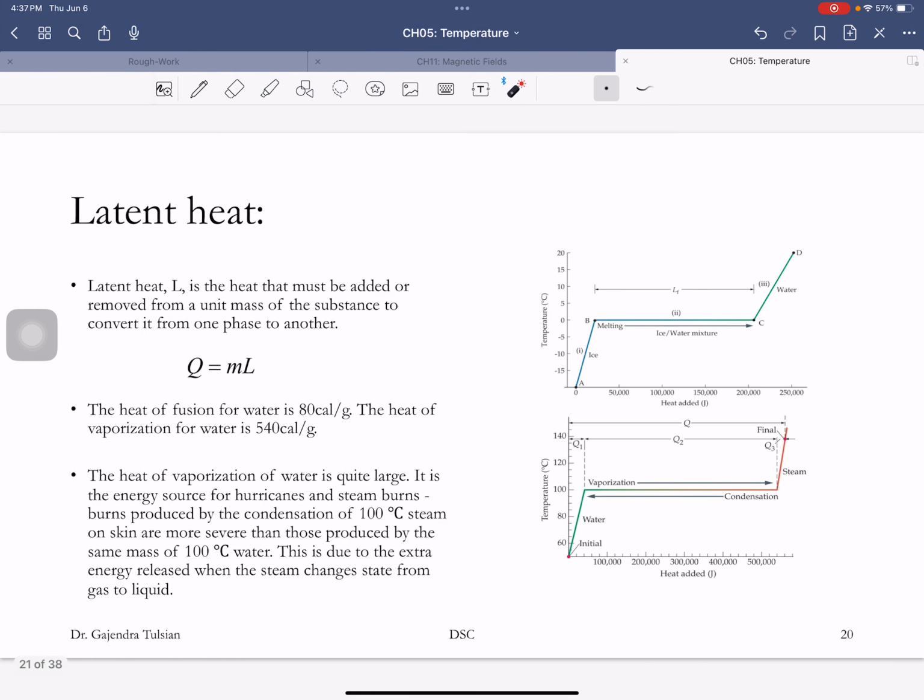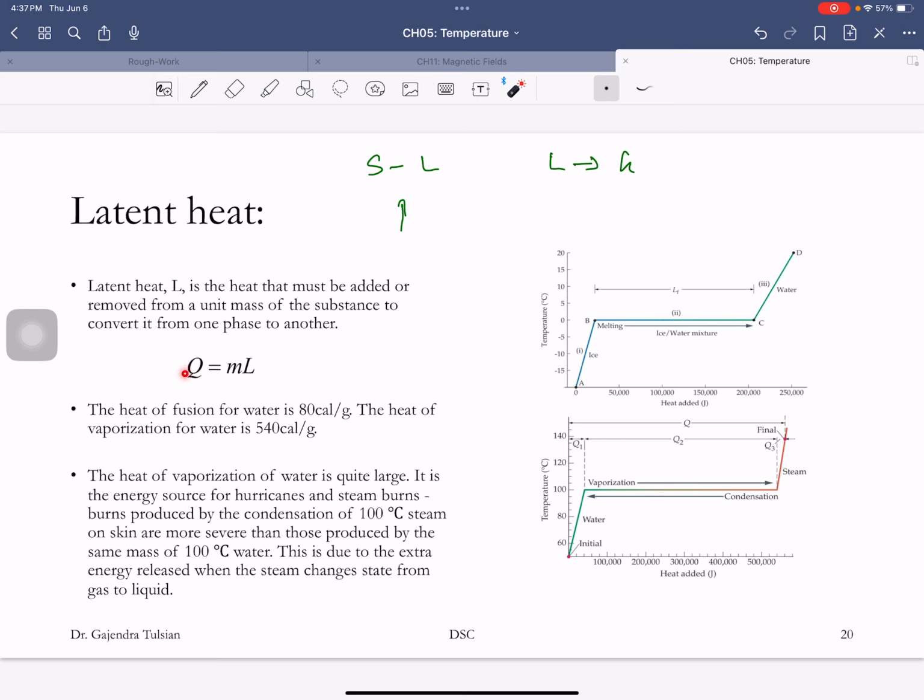The temperature of water doesn't rise above that. As you're adding heat, the water is turning into steam, and once all of the water turns into steam, then you can raise the temperature of steam. So when a phase change happens, meaning solid to liquid or liquid to gas, the heat goes into changing the phase but not raising the temperature, and that's called latent heat.